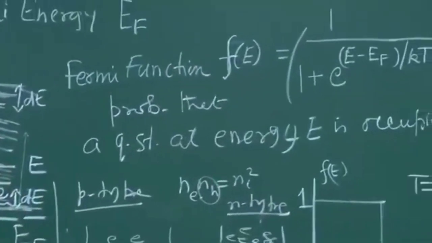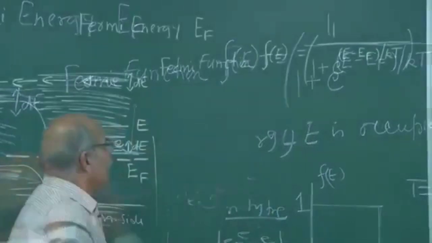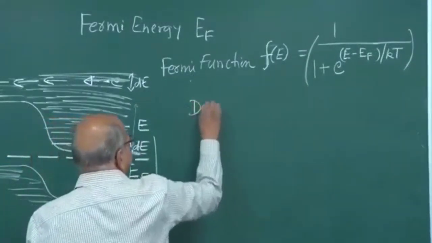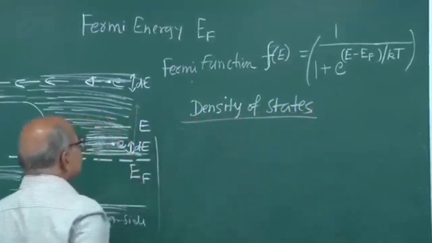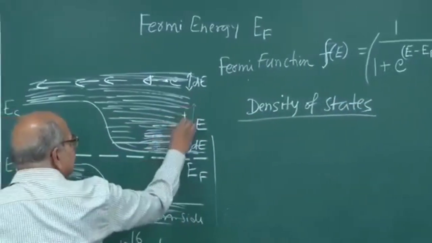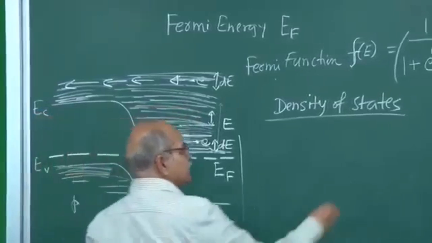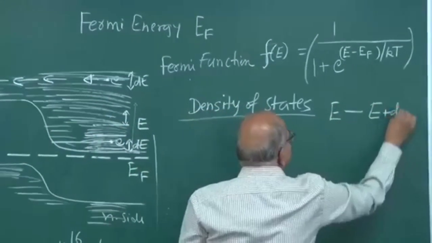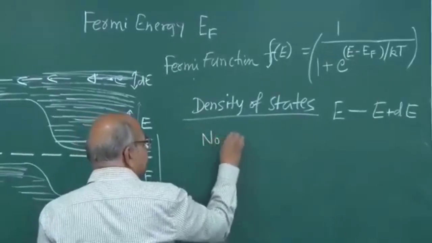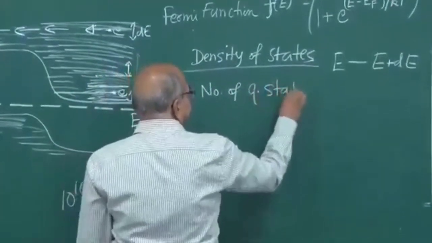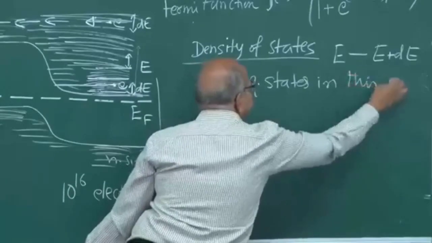This is the probability, and another thing which is needed is called density of states. This is another very important concept. What is this? You take some band, some energy width dE, from E to E plus dE. Consider this, and then ask the question, how many quantum states are there in this dE?